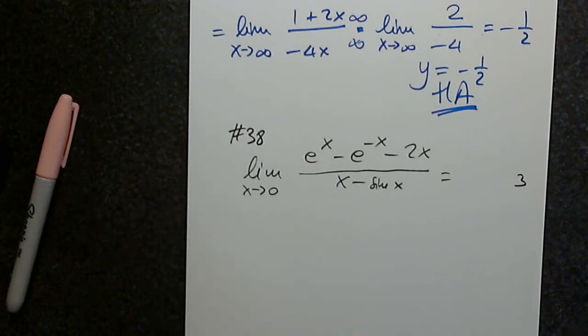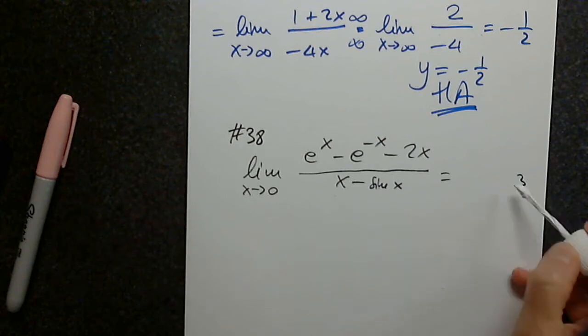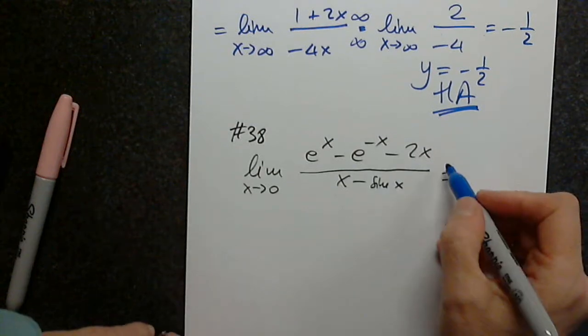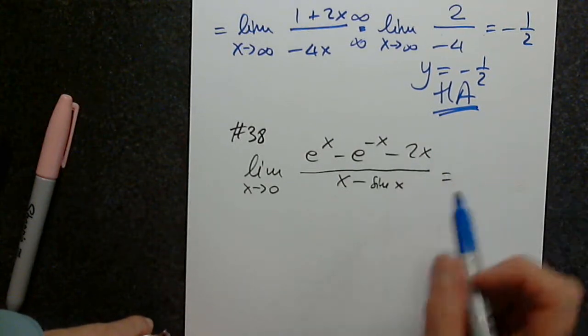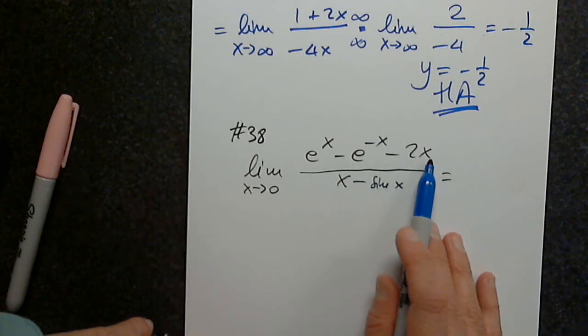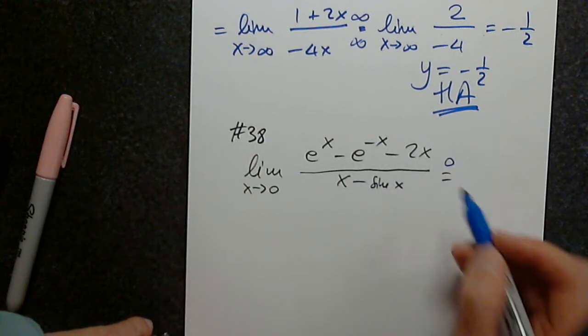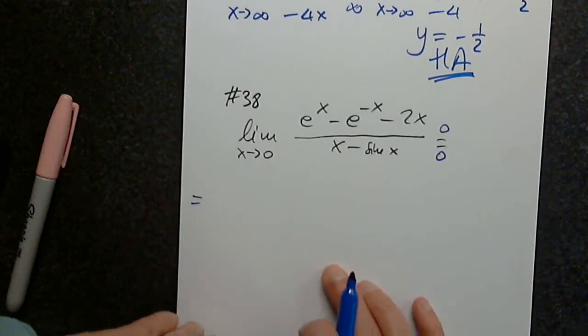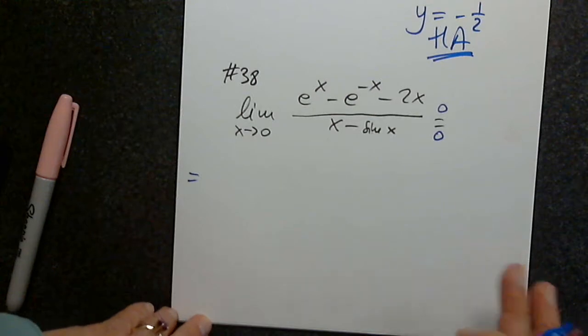So can anyone tell us where the top is going? The top goes to? So this is 1. This is 1. That's 0. -2 times 0 is? 0. So 0. And the denominator? 0. 0 indeed. Not a problem. We know that this is a friendly case.